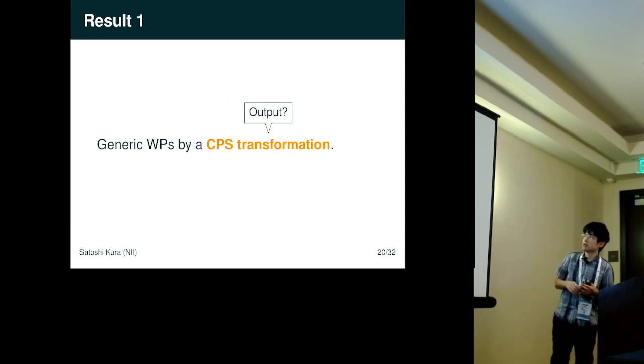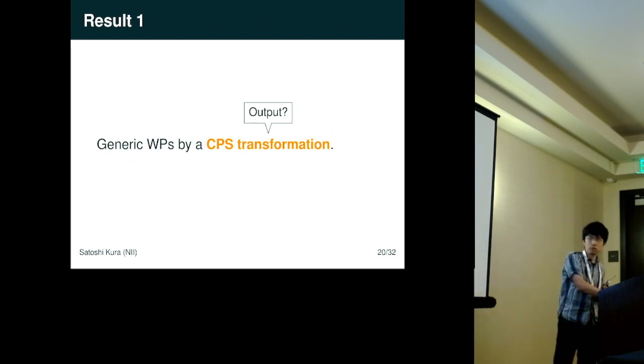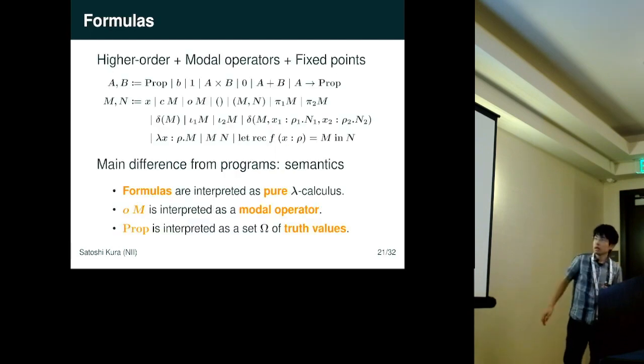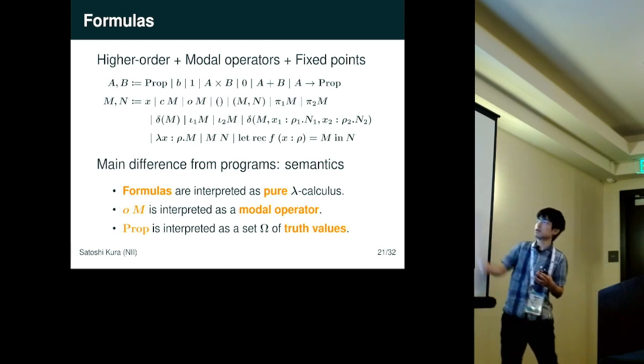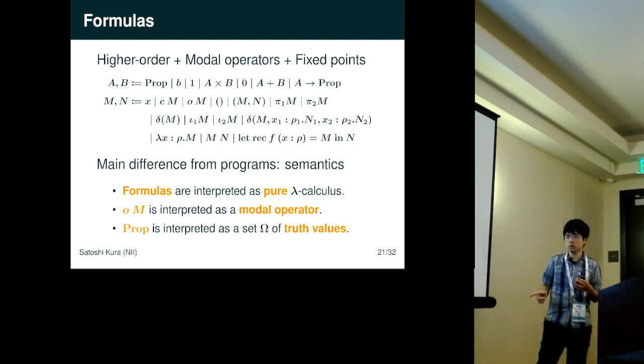Okay, next I'm going to explain the output of the transformation. And we use formulas as the output. More concretely, we consider a higher order logic with modal operators and a fixed point. The syntax is shown here, and actually the syntax itself is similar to the syntax of programs.